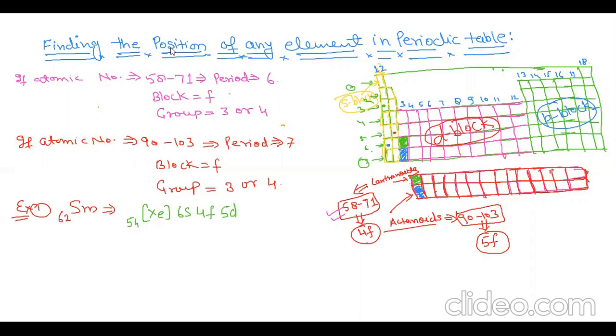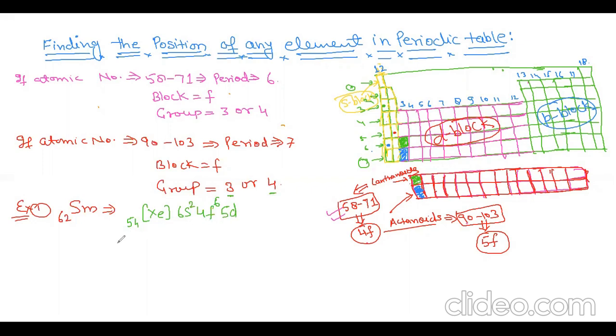Now you fill the electrons here, 2, and how many remaining? 6. So here no electron comes into the d orbital. If any electron comes in the d, then group number 4, otherwise group number always 3.